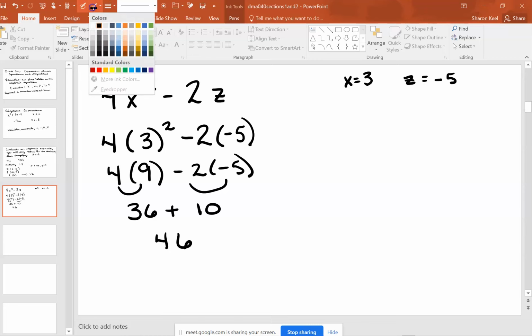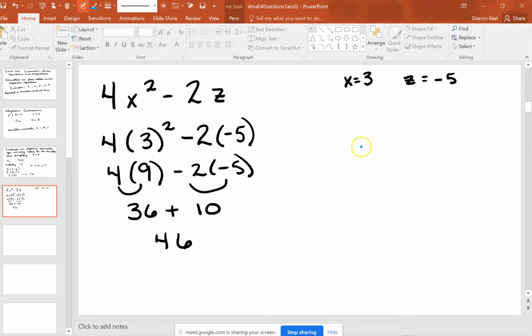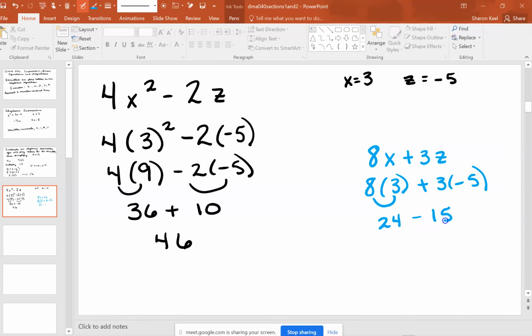Let me give you a different example. Let's say we have 8x plus 3z. In this case, what we would have is 8 times 3, because my x is still 3. My z is negative 5, so that's plus 3 times negative 5. 8 times 3 is going to give us 24. 3 times negative 5 gives us a negative 15.